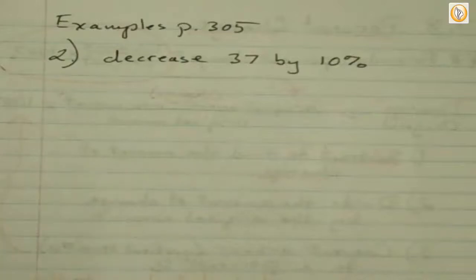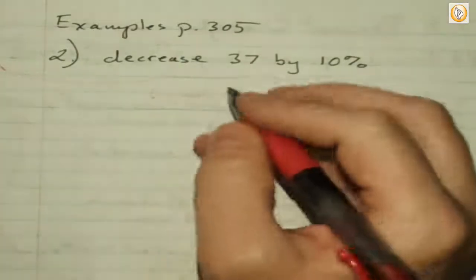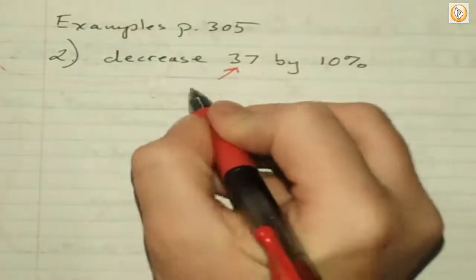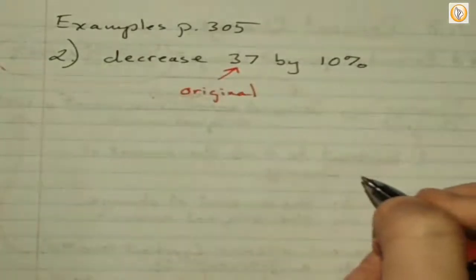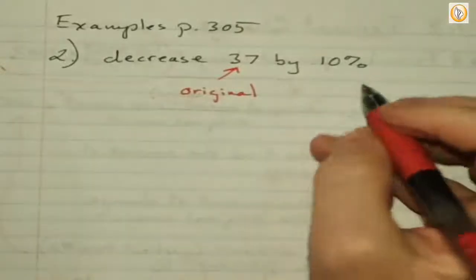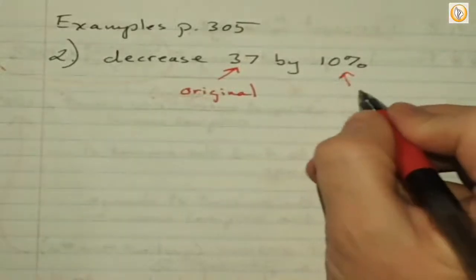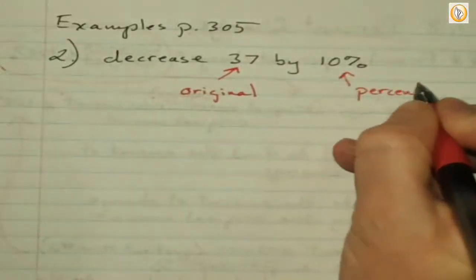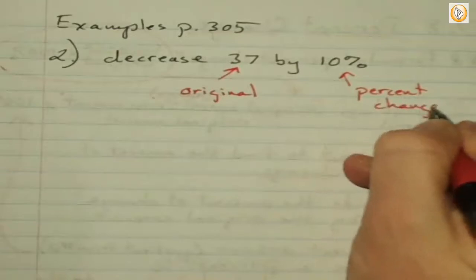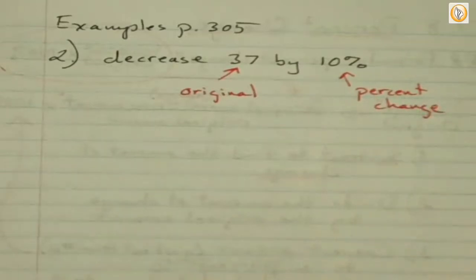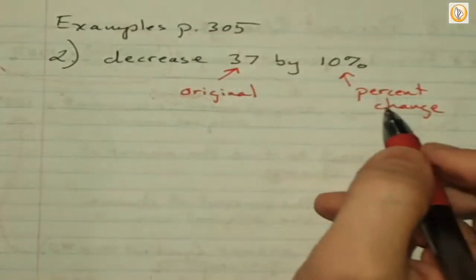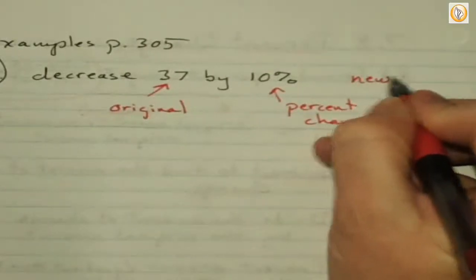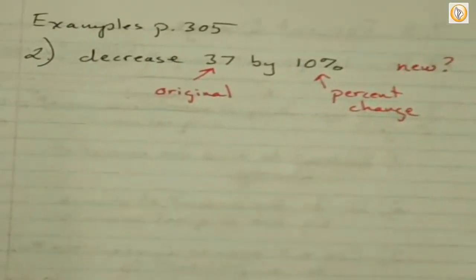So in this case, this right here is your original. This right here is your percent change. So we have original, we have the percent change. We do not know what the new amount is.